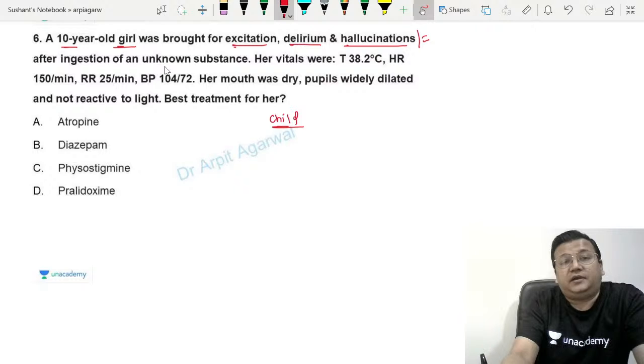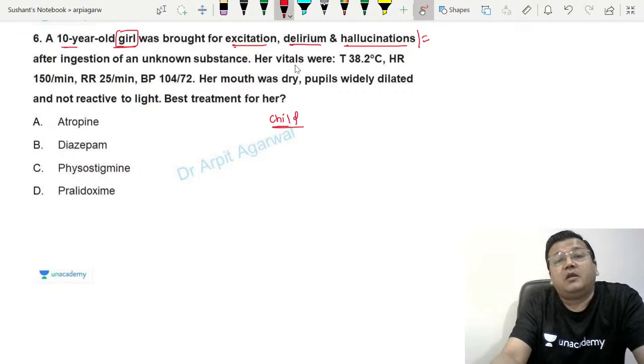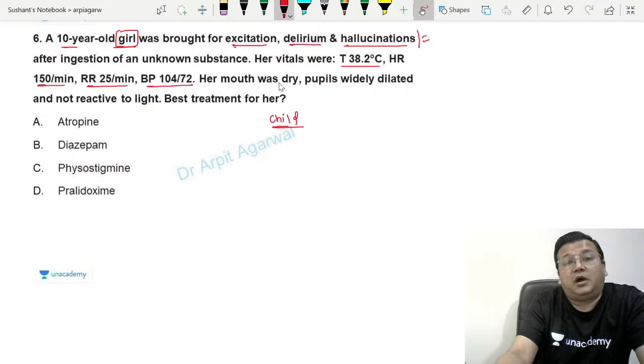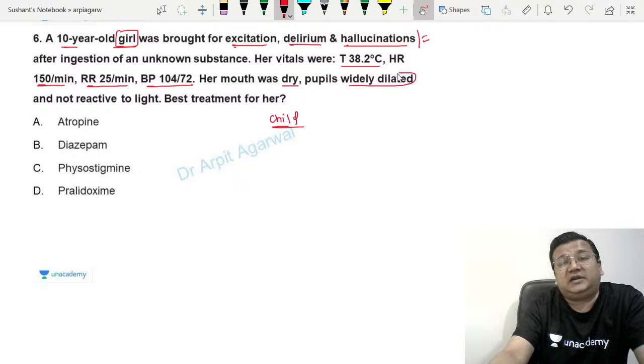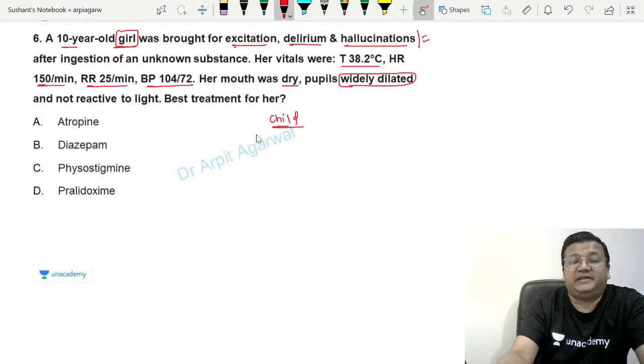After ingestion of an unknown substance, actually the question is over. You should be able to tell me the answer. Child with all these symptoms. Vitals: temperature is 38.2, heart rate is 150, respiratory rate is 25, BP is 104. Mouth was dry, pupil widely dilated and not reactive to light. Best treatment?